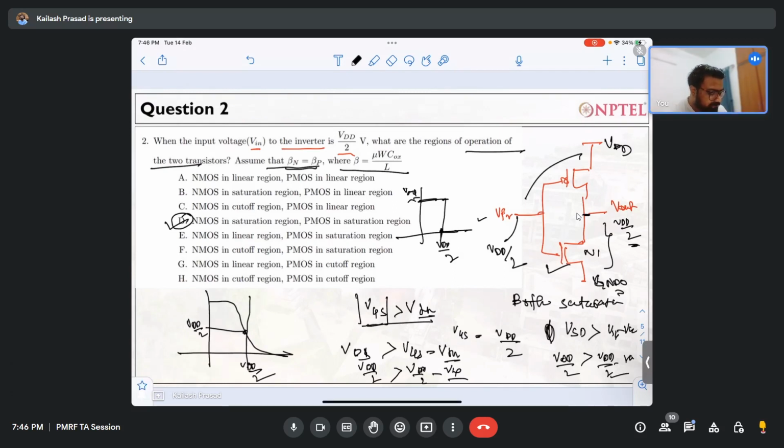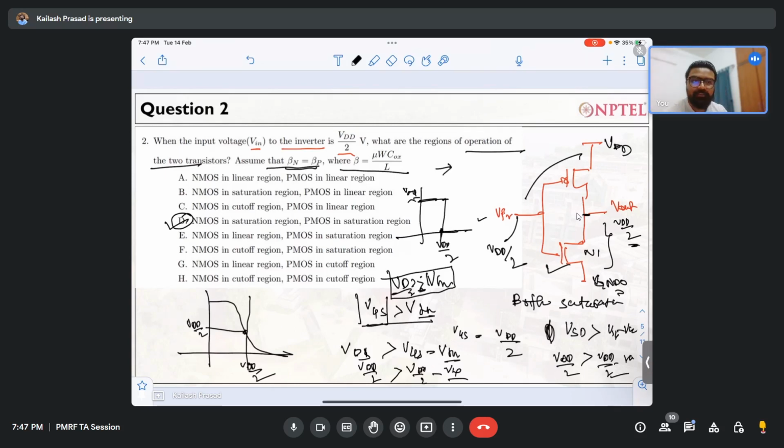Okay, so we have assumed that VDD by 2 is greater than VTH. This assumption we are making. Generally it happens because in older technology VDD is too large, so VDD by 2 is greater than VTH. But I'm just informing you, this is for information.